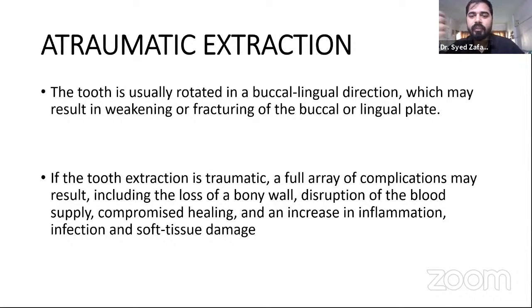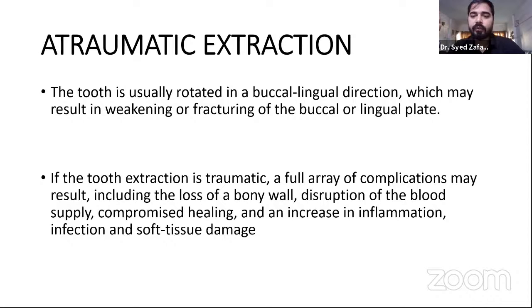Mostly in anterior teeth, we are using buccal and lingual movement like this, buccal and lingual and buccal and lingual. As we all know, the buccal wall is very thin. It usually fractures when we are doing extraction in anterior teeth. So we have to preserve the buccal bone for placement of implant.